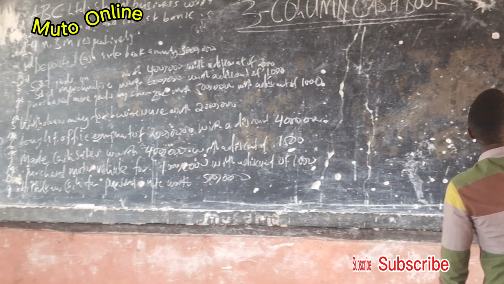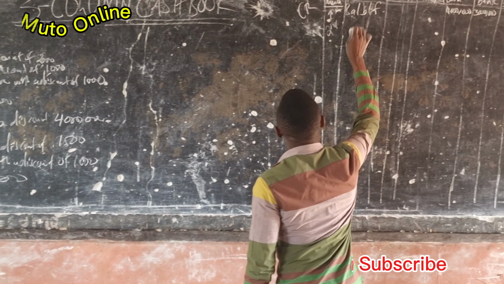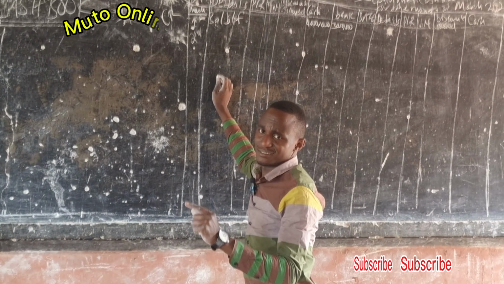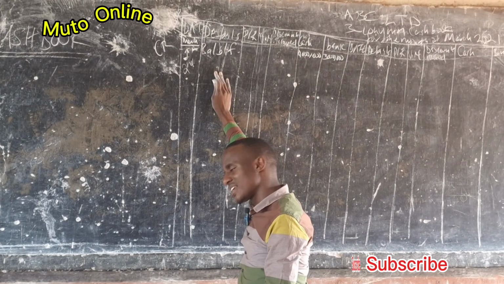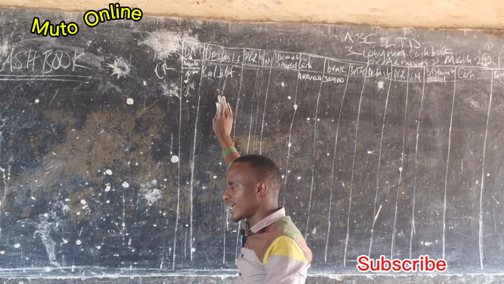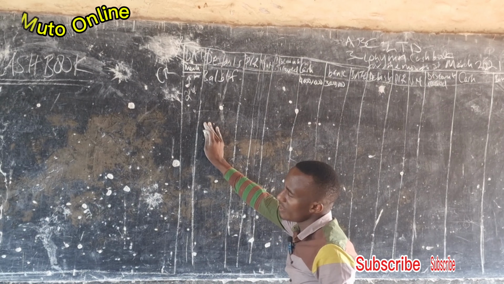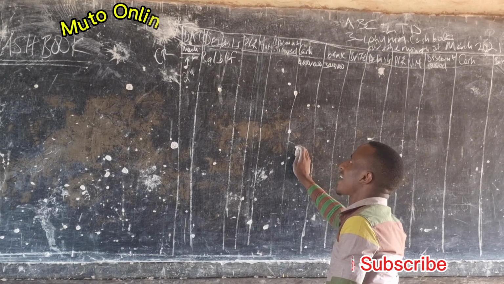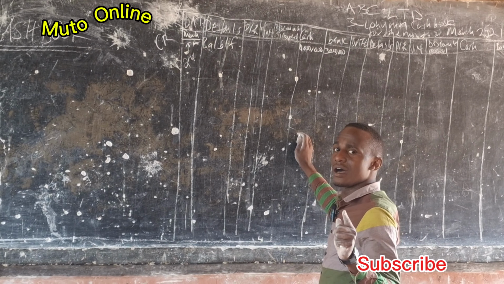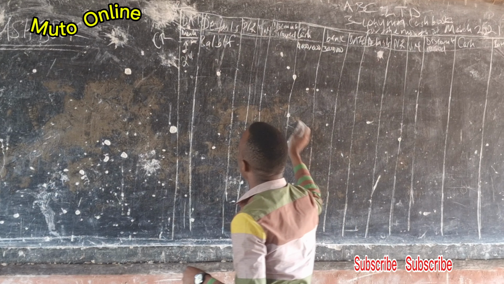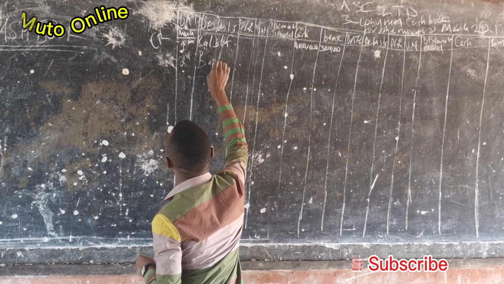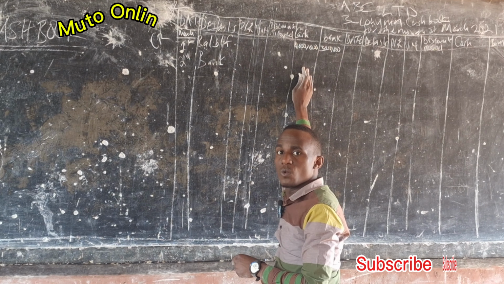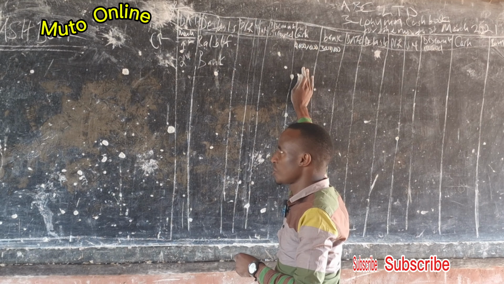On second, a contra entry is recorded in the details. Take an example here, depositing cash into bank. It means that our cash is lost to bank, and here we record the bank, because cash is losing to bank.